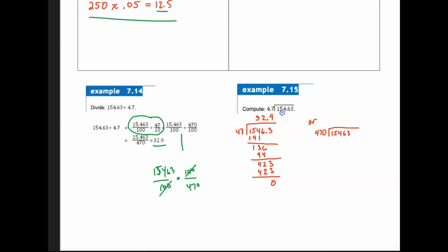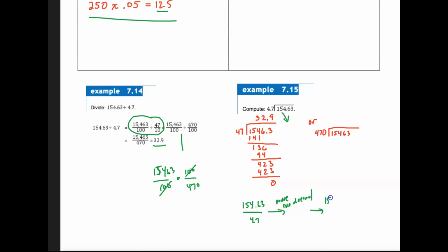That's why, when we get this algorithm, what are children told to do? They say move the decimal, move the decimal. And when you do that, what we're really doing is, when you have 154.63 over 4.7, if you move the decimal, what you're really doing is multiplying the top and bottom by 10.